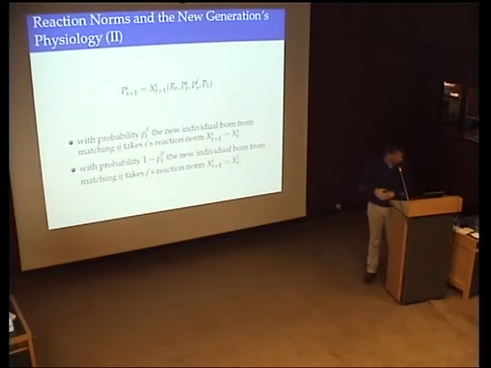We suppose this reaction norm to be like a genome, so to be genetically transmitted from parents to offspring. That means that if the physiology is not plastic, for example, parents may transmit a reaction norm that says, please just do exactly this thing, this action. But the parents may also transmit a reaction norm that is very plastic, so that they teach their offspring to react very plastically to the environment.